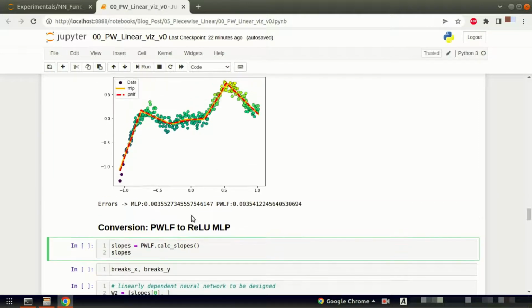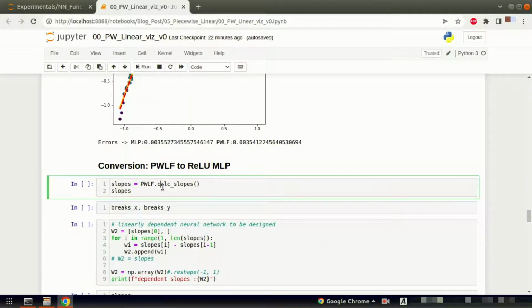Next, our goal is to convert PWLF function to ReLU based MLP. In this way, we understand both PWLF and ReLU MLP. So first, let's calculate the slope of the PWLF.